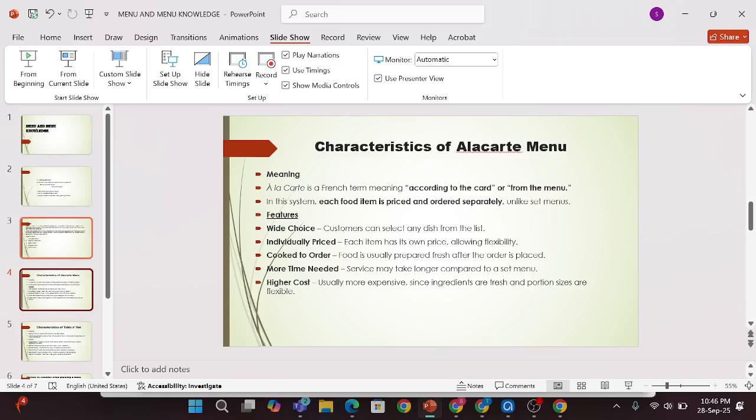At the end, you'll pay for, let's say the chicken is 500 shillings and rice is 200, you'll have to pay 700 shillings. I hope we are getting along well.